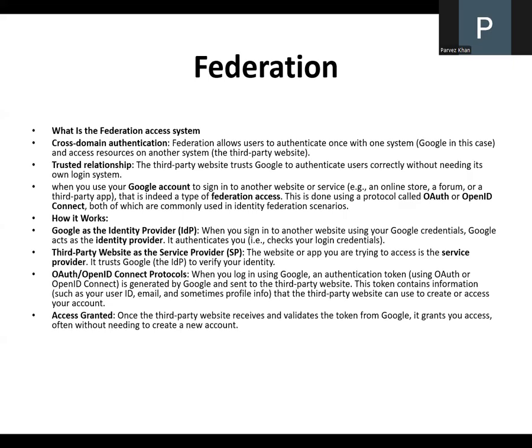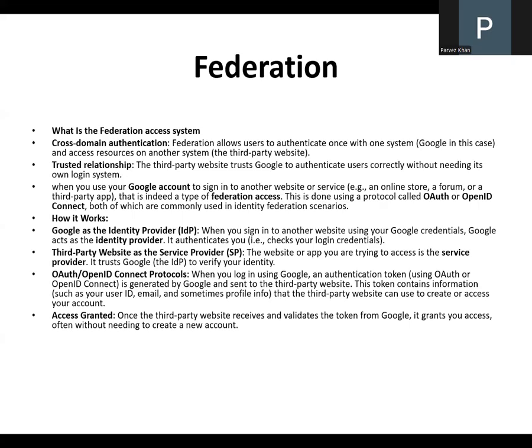For example, in the Google case, if I have an account on Google or Gmail, and I'm using a third-party application on a website, when I try to log in it will ask me to create an account.